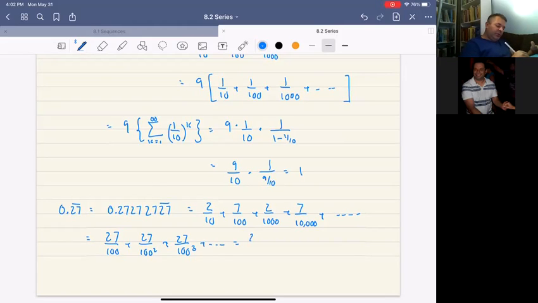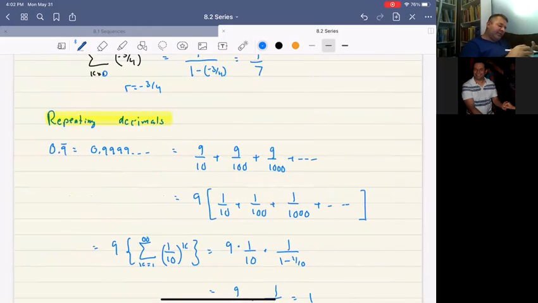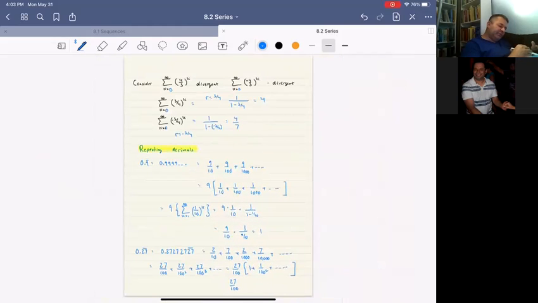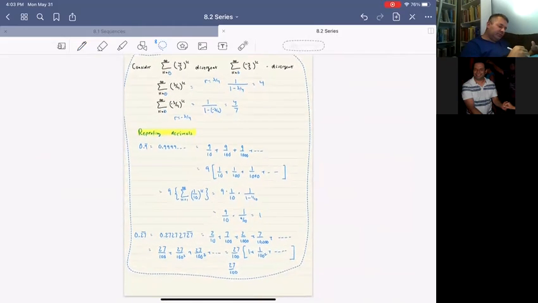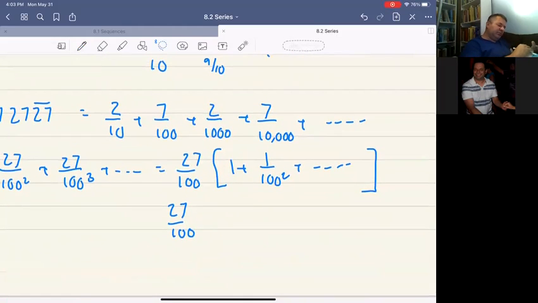So 27, let's pull out the 100 this time. 1 plus 1 over 100 squared. Okay, so this is 27 over 100, running out of space. Let me make some more space for myself. 1 over 1 minus 1 over 100.